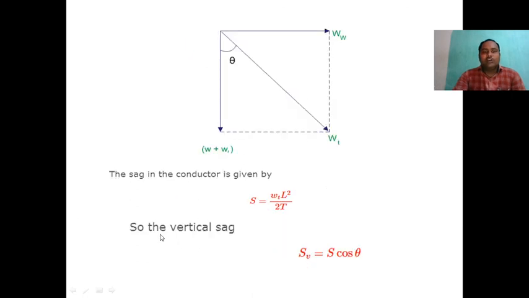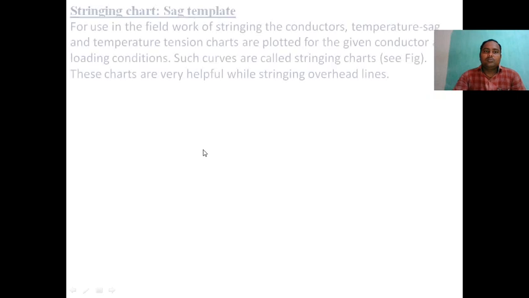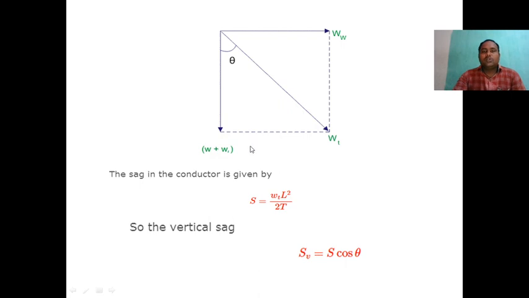Similarly, the vertical sag is equal to S cos theta. This is how the effect of ice and the effect of wind act on the conductor.